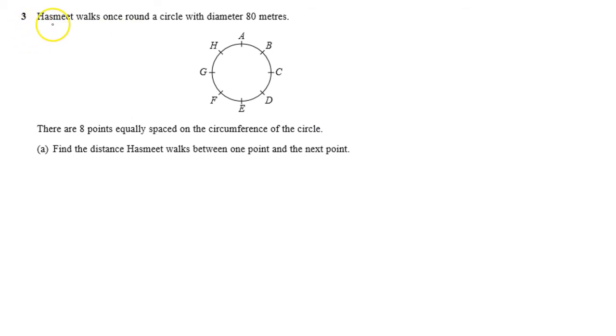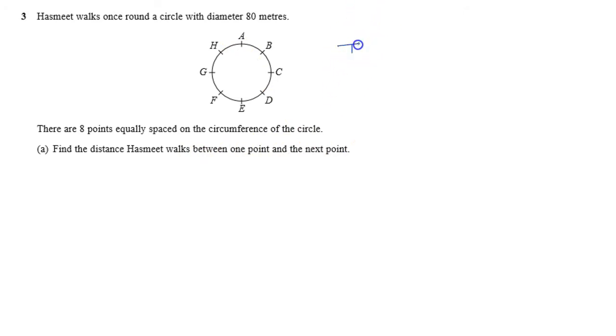Question number 3. Hasmeet walks once around a circle with diameter 80 meters. There are 8 points equally spaced on the circumference of the circle. Find the distance Hasmeet walked between one point and the next point.